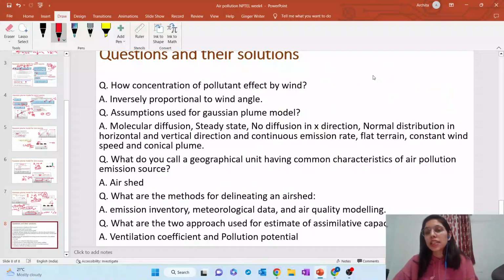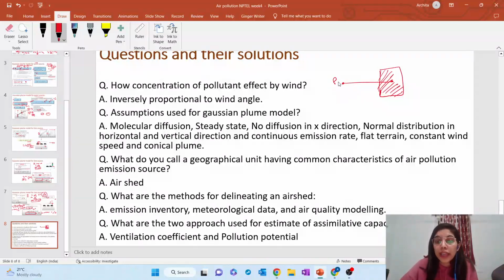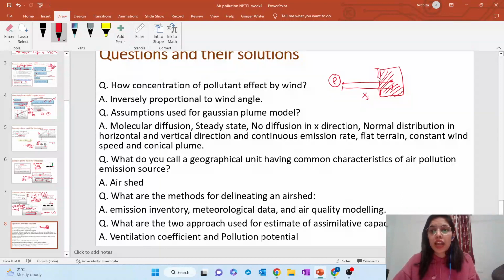The only difference is that for an area source, let's say this is the area in which the emission is happening, you consider a far point from this area, let's say at point p, and you calculate the effect of emission on this far point p, and then you extrapolate it for this area. The distance from the center of the emission to this far point will be, let's say, xs, and the entire length that this emission is covering is, let's say, s.